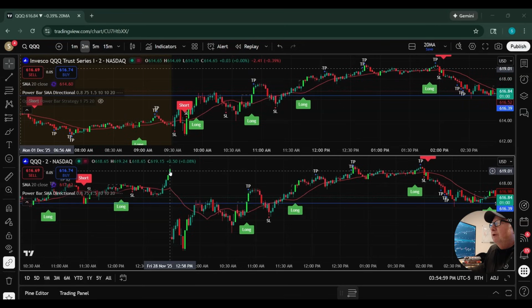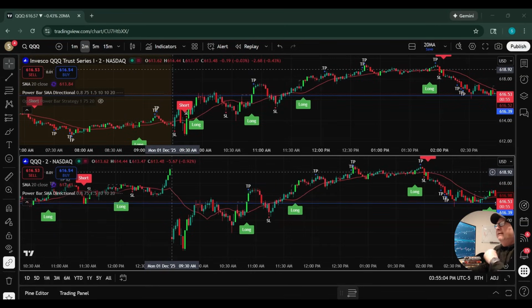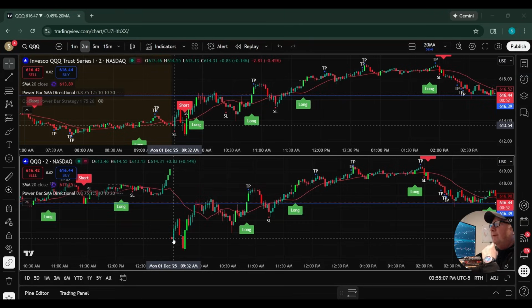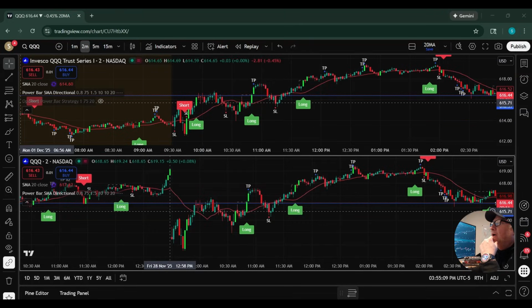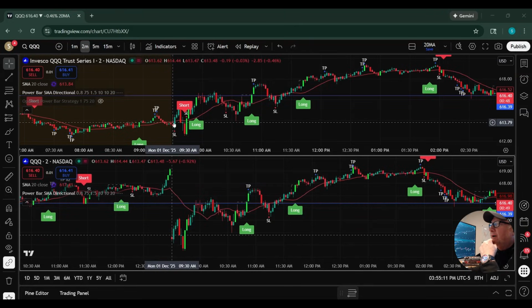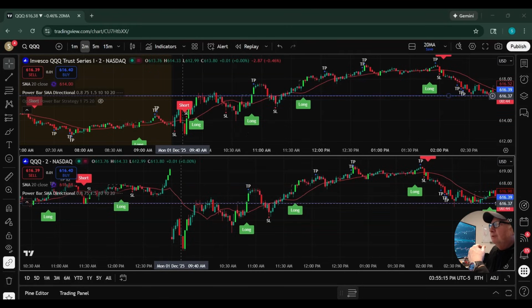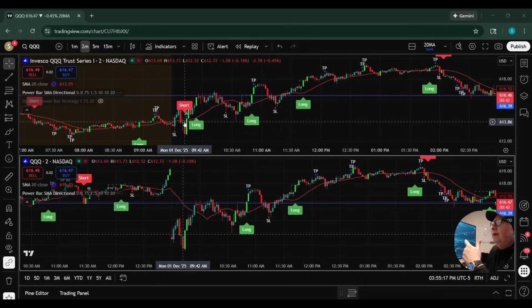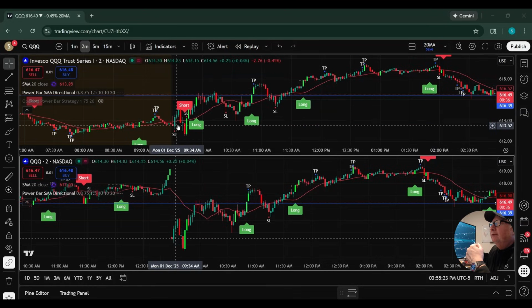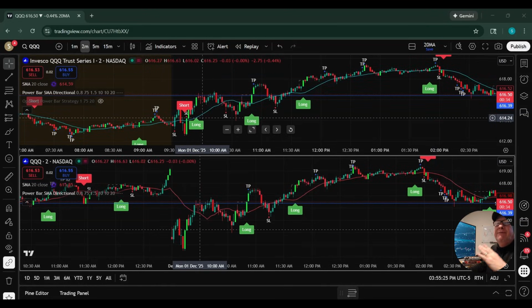This is where we closed on Friday on this lower chart, and this is where we opened today. On the upper chart, and this is both the Qs on a 2-minute chart, look at where the 20 begins the day and the slope and direction of the 20, right?